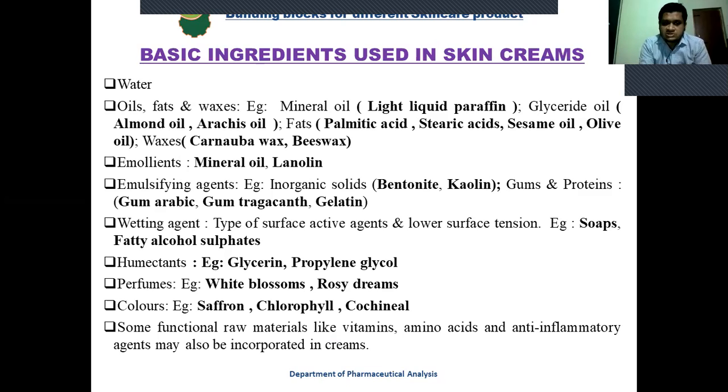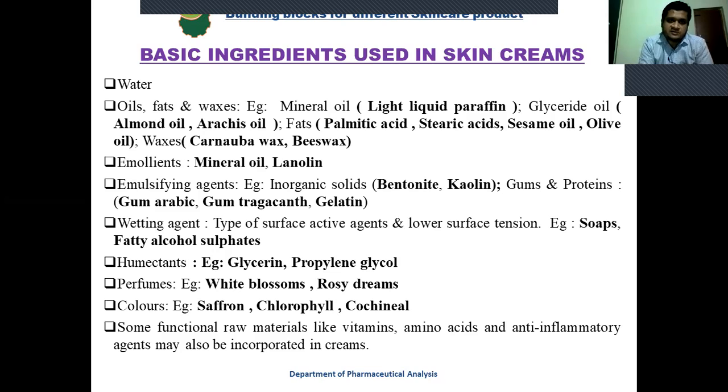In most cases the basic ingredients are almost the same, maybe one or two ingredients will be added or will not be there, but in maximum cases almost the same ingredients are used in all types of creams. Now, cream is one type of emulsion, because it has an aqueous phase and an oil phase.